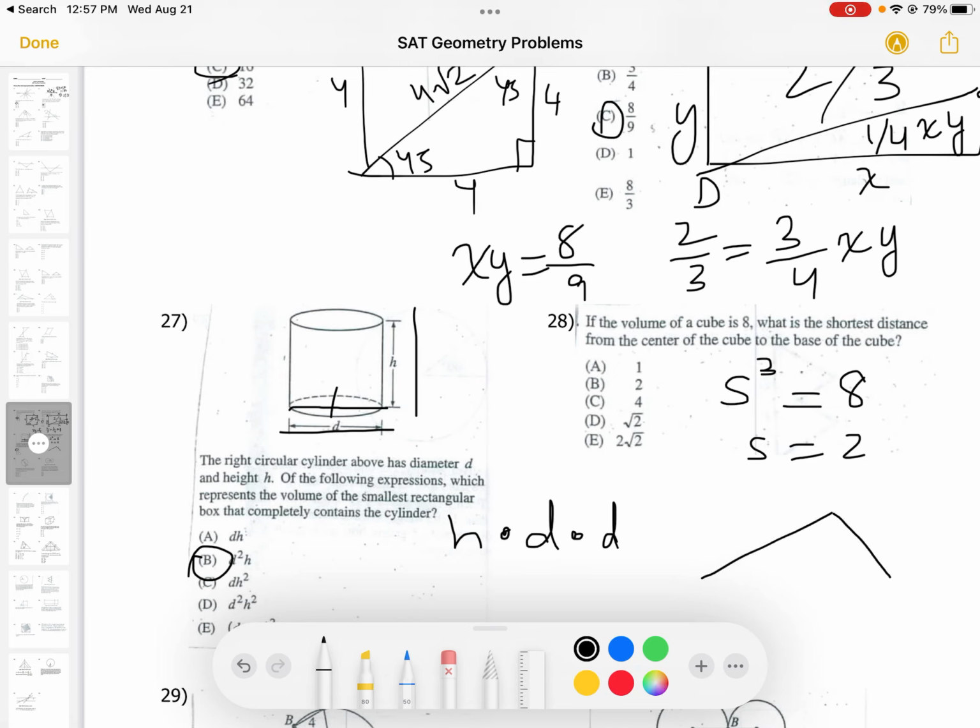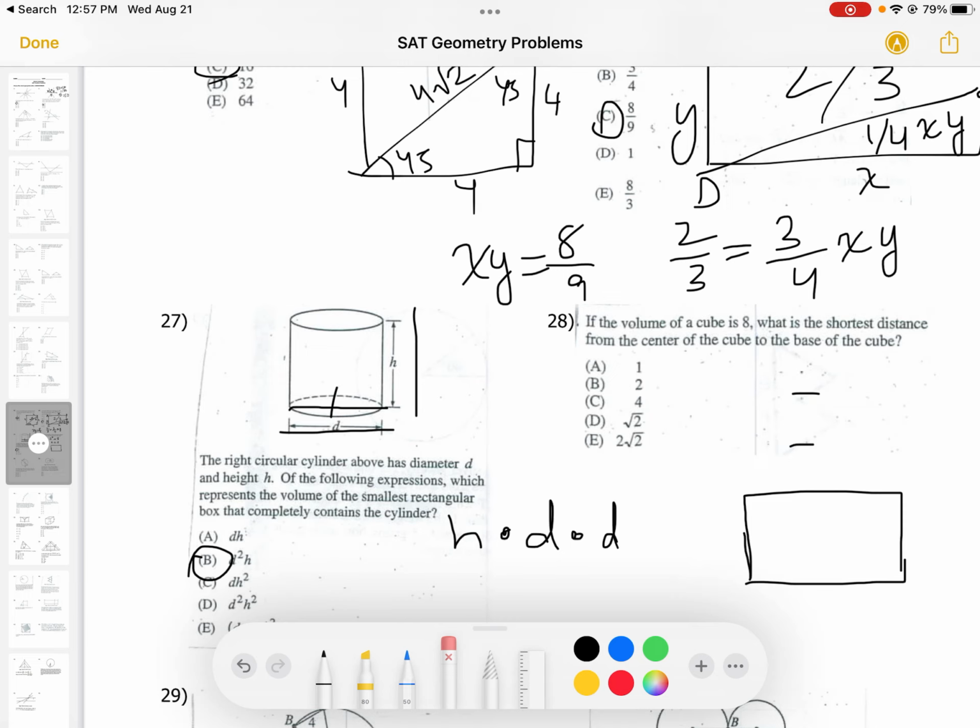So if I draw the base right here, probably not like that. Right, the center will probably be somewhere up here, like that. And you want to find the shortest distance from the center to the base.